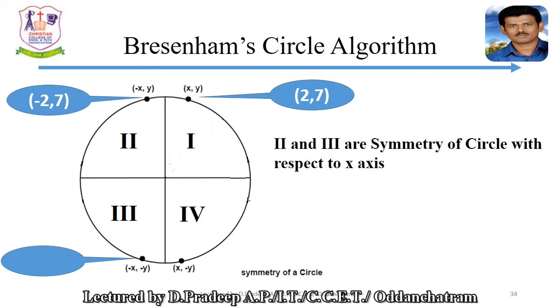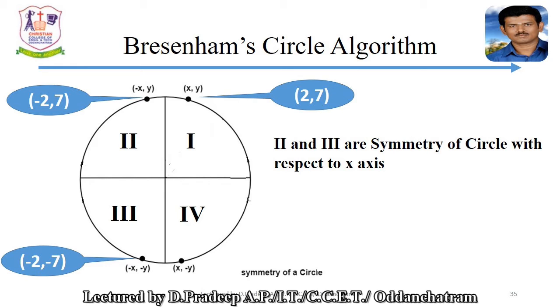Next, the second quadrant and the third quadrant are symmetric with respect to the x axis, so the x value is not changed, only the y value's sign is changed, so minus 2 comma minus 7.